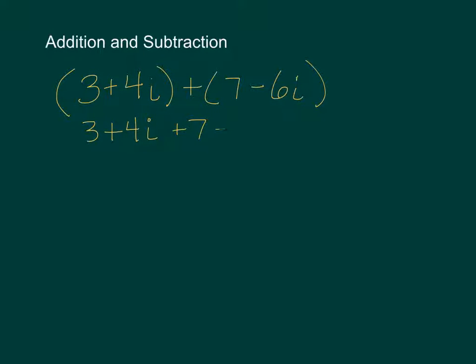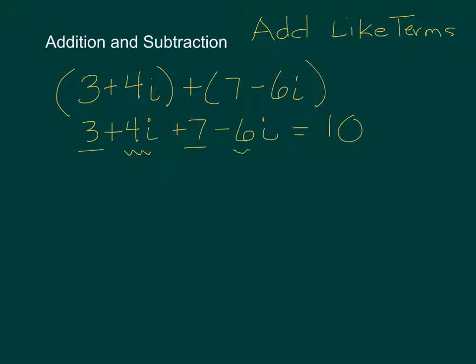They're just separating these two numbers. We're just going to add like terms. So 3 plus 7 is going to give us 10, and 4i minus 6i is minus 2i.